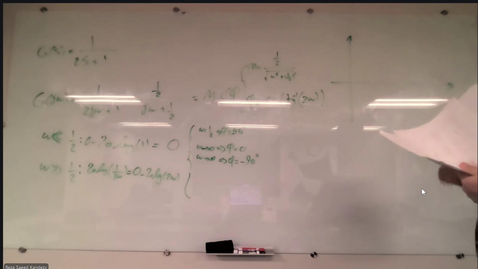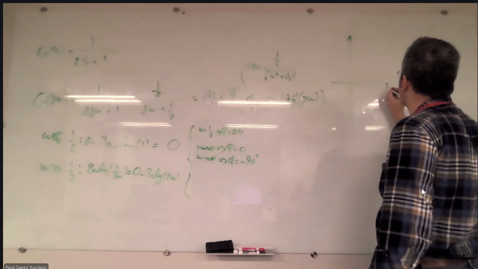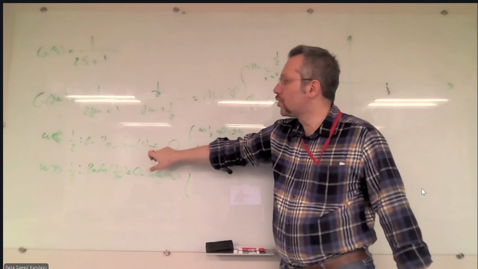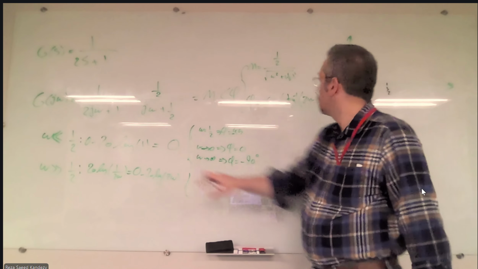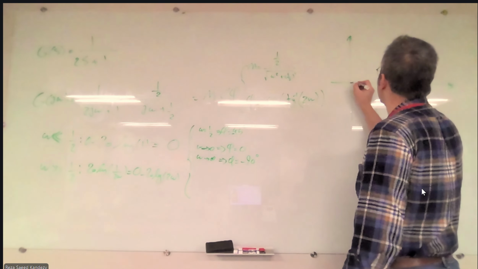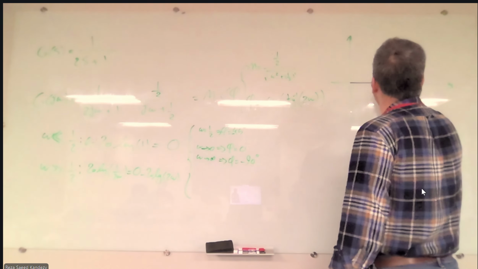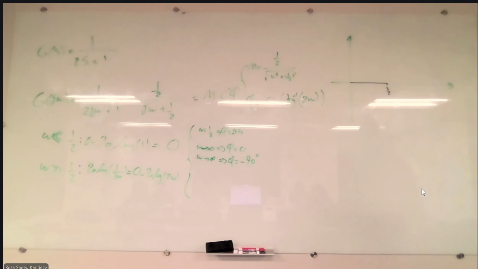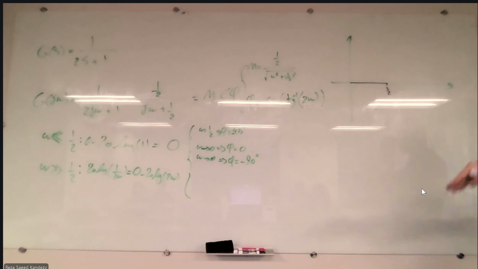Now, we said this is the point 1 over 2. We said before 1 over 2, we have a 0. Okay? So before 1 over 2, our asymptote line is 0. And after that, we have a decreasing line with a slope of minus 20 dB per decade.